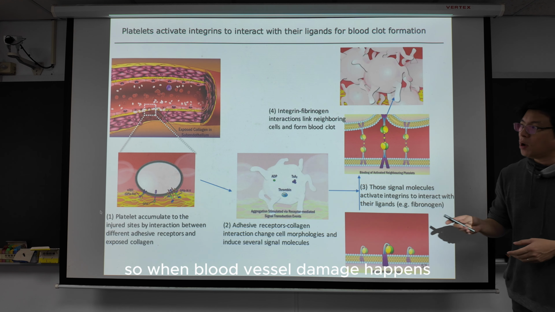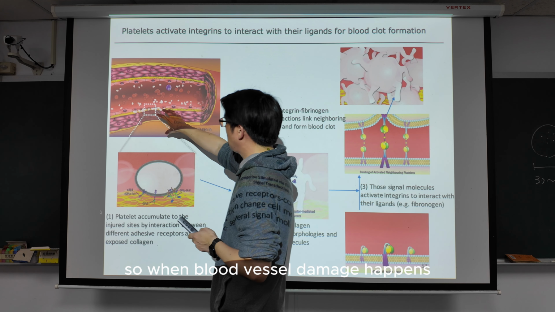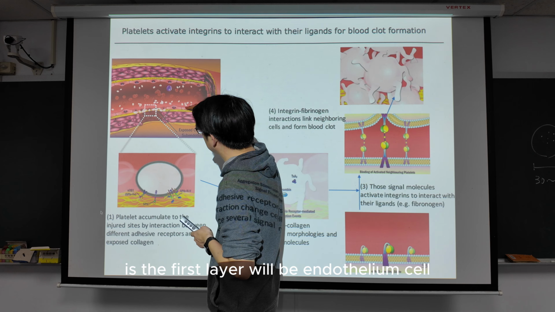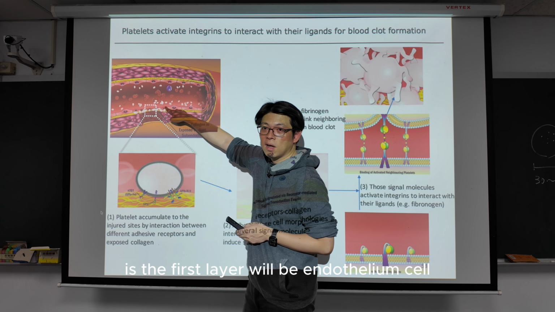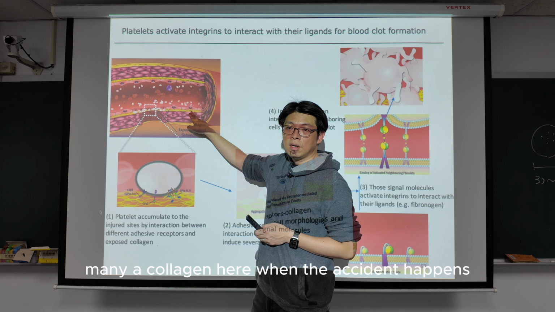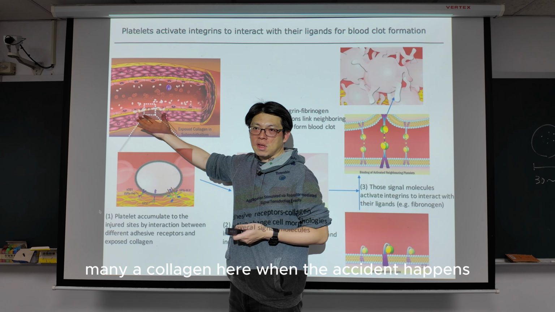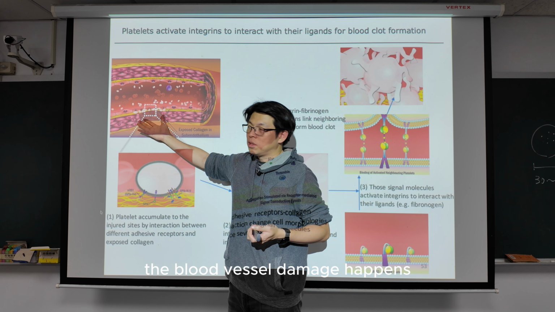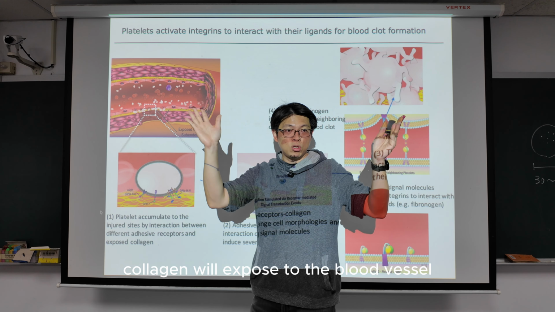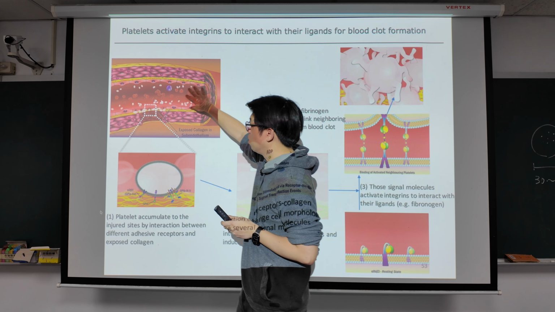When blood vessel damage happens, this is the blood vessel, and the first layer is the endothelial cell, then the basal lamina, which contains many collagen fibers. When the accident happens and the blood vessel is damaged, collagen will be exposed to the blood, right?